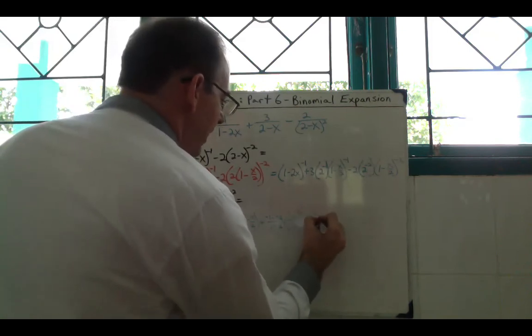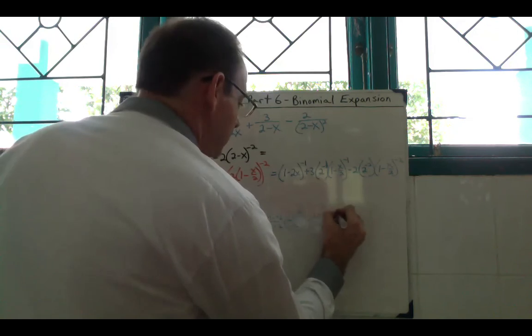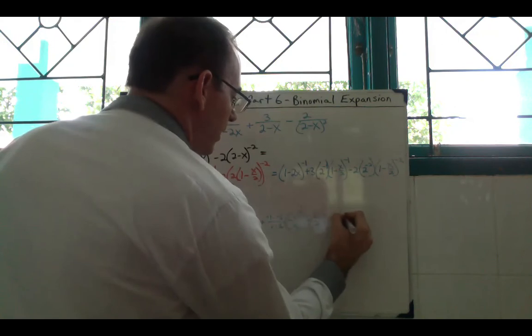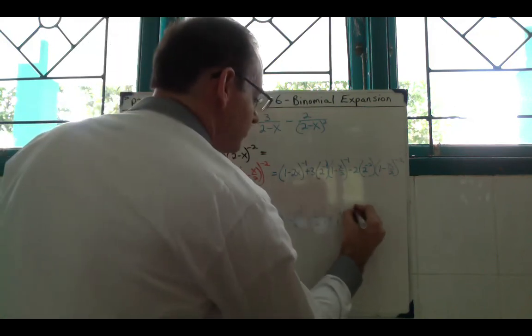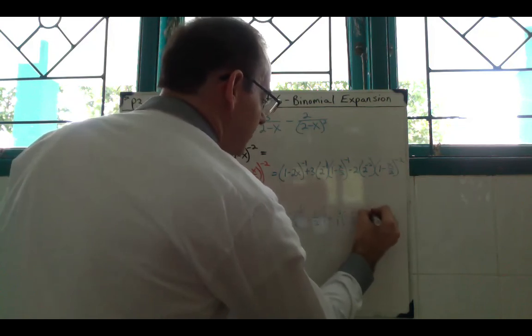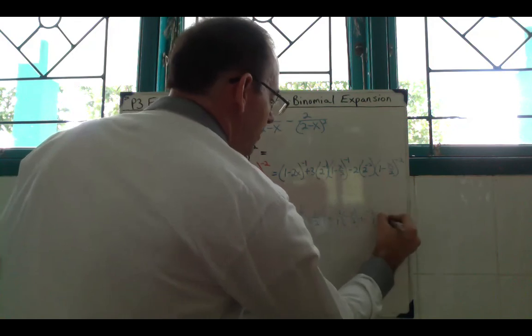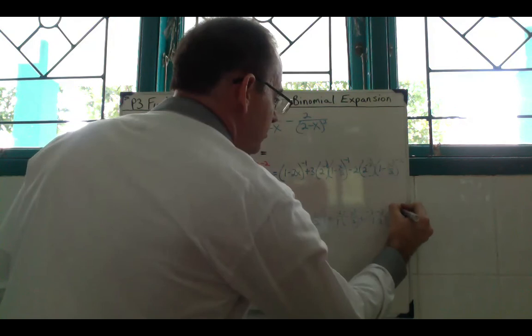Minus 1/2 times 1 plus, now we have a -2 over 1 times a -x/2 plus a -2 times -3 over 1 times 2 and a -x/2 squared.